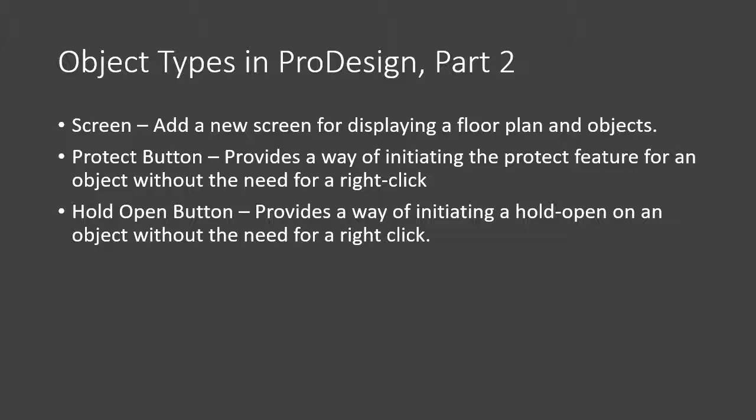These are two buttons that allow you to add that functionality without having to have the right click capabilities, so that the operator doesn't have to right click on an object to do the protect or the hold open, which he or she would normally have to do if wanting to carry out those functions.